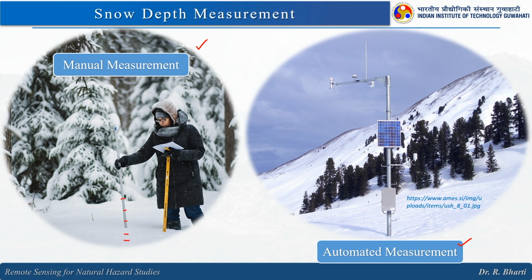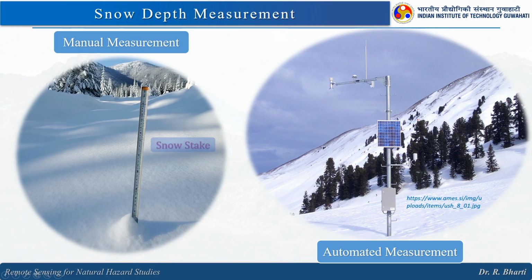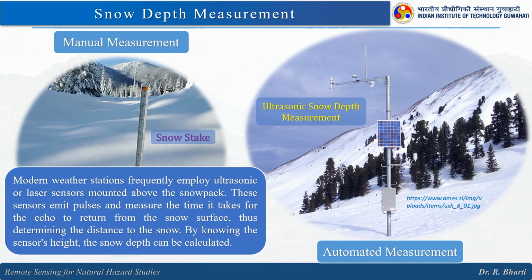When we talk about this automatic measurement, the modern weather station frequently employs ultrasonic or laser sensors mounted above the snowpack. These sensors emit pulses and measure the time it takes for the echo to return from the snow surface, thus determining the distance to the snow.